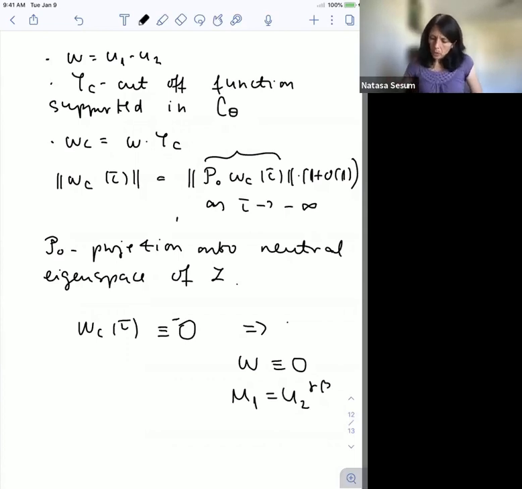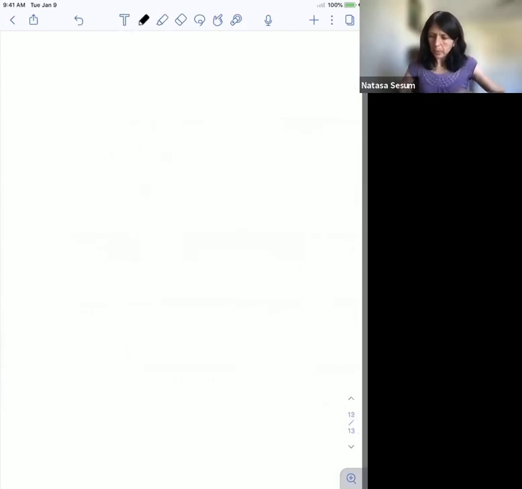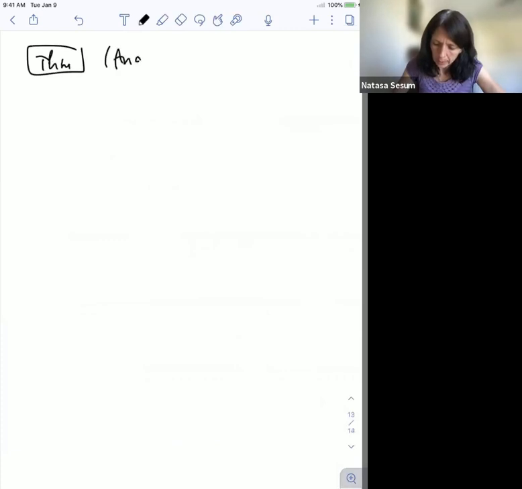Okay. So the second theorem that we proved that actually puts all this together is also a theorem with Angenent, Daskalopoulos, and myself.